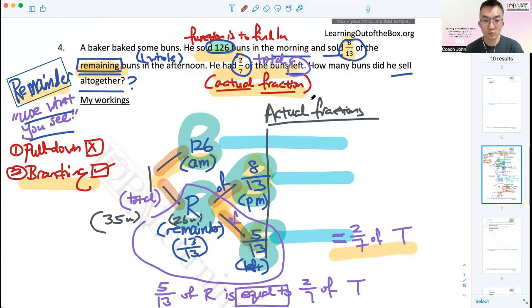And of course, when you see a remainder concept, you know the off is actually times. The off is times, okay? And at the same time, this is the crucial part, because it says whatever you have left is the same as 2/7 of the buns.